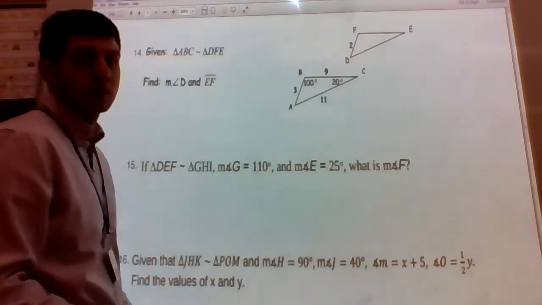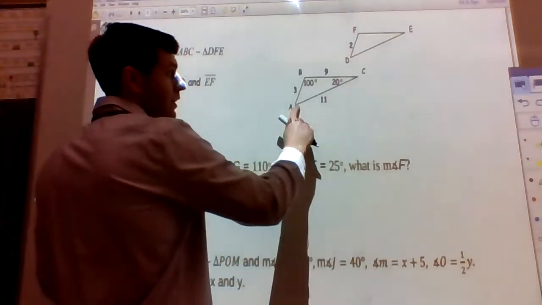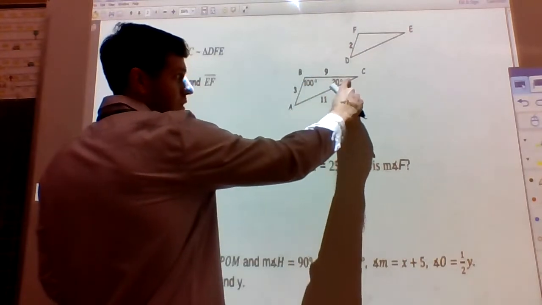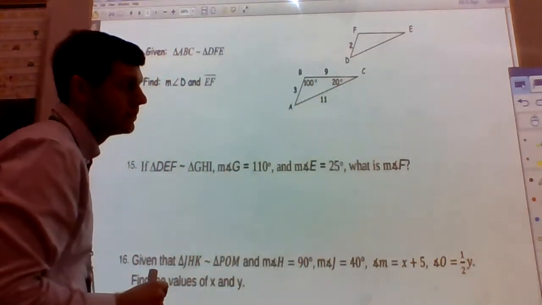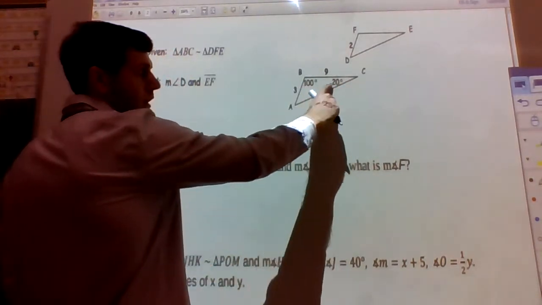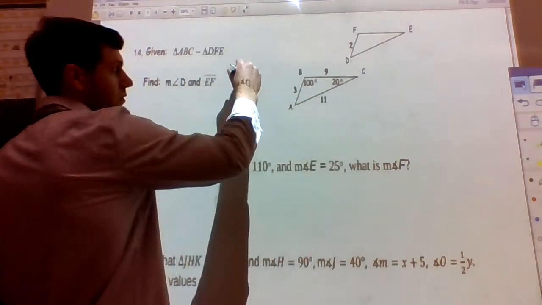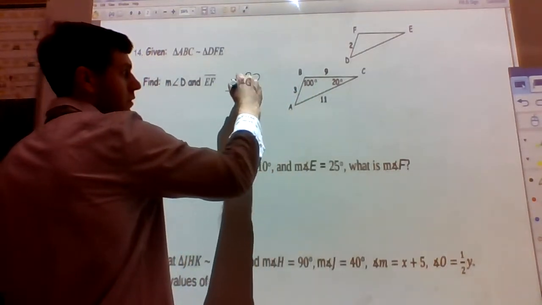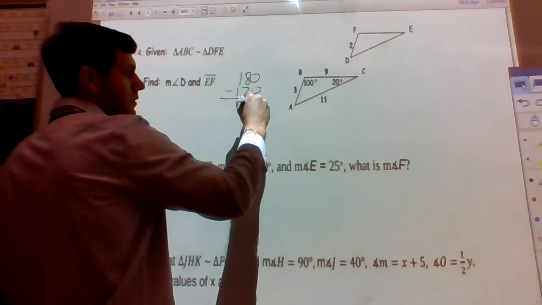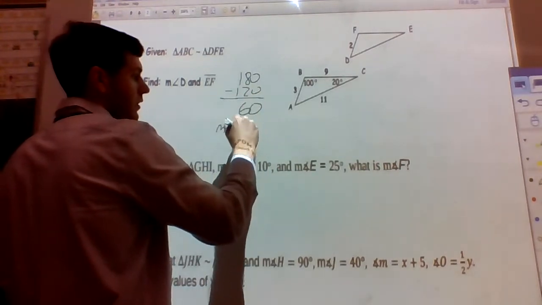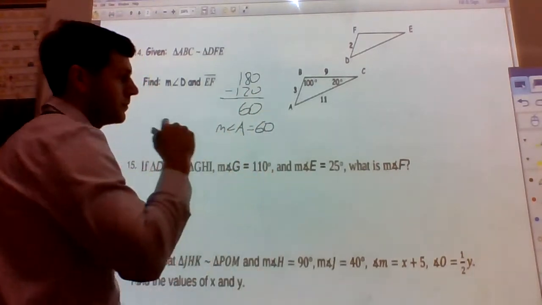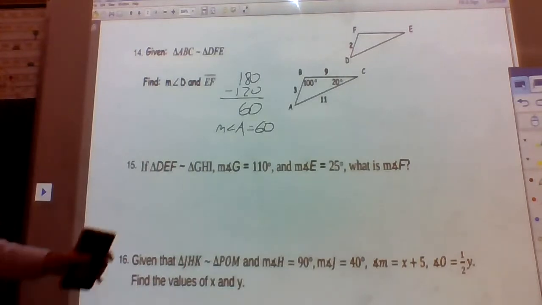We know the three angles of a triangle have to add up to 180. So the measure of angle A plus the measure of angle B plus the measure of angle C have to equal 180. B and C give us 120, so 180 minus 120 is 60. So the measure of angle A equals 60.